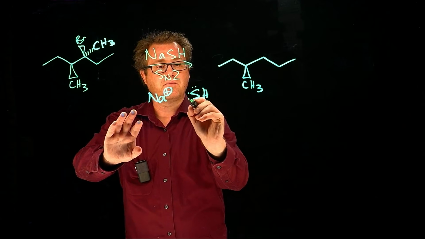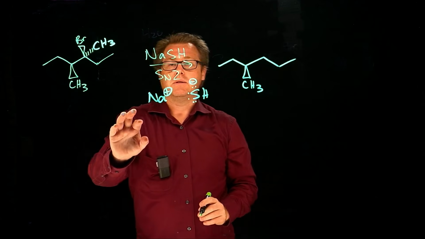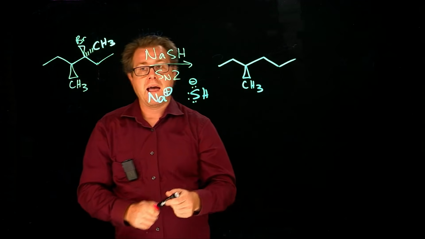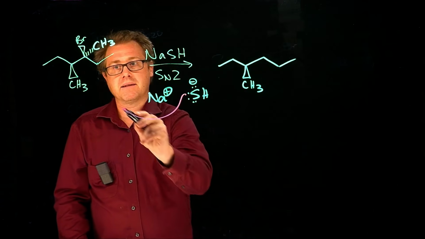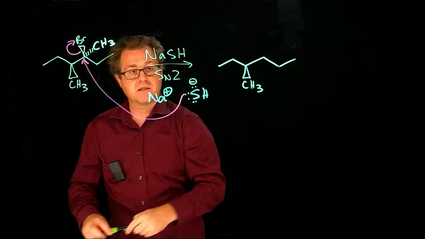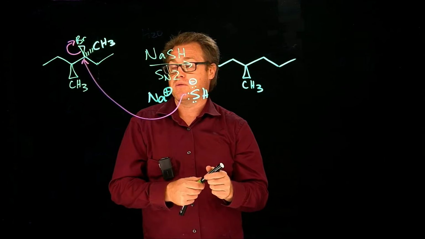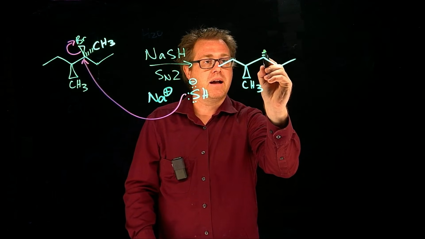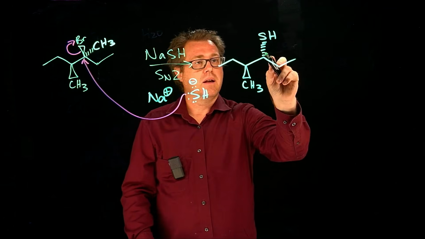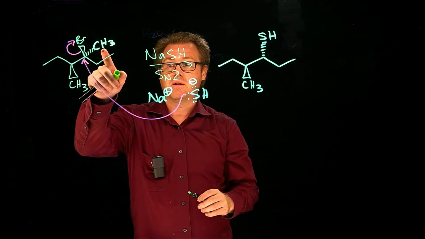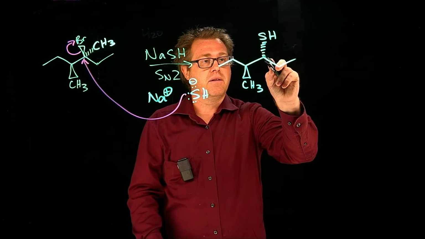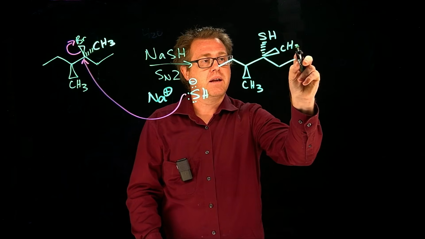And so if we draw it mechanistically, we know that we do backside attack. So we would expect the sulfur atom to come in from the backside, which is like this. And then what happens to the dashed methyl? That's going to get inverted, right? Into CH3 like that.